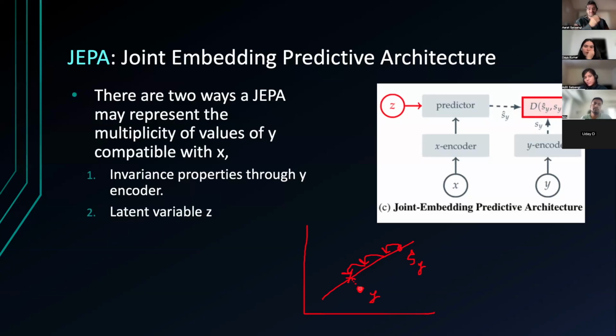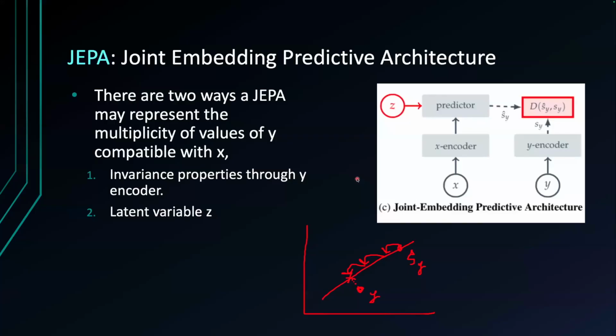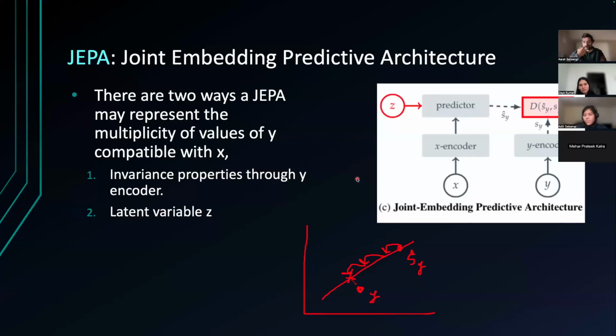If a predictor is a neural network, then Z must be some sort of parameter of that neural network, no? Yeah, Z is a latent variable. It can take multiple values. Okay.